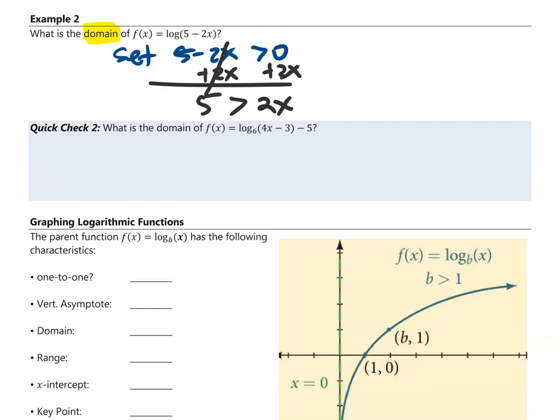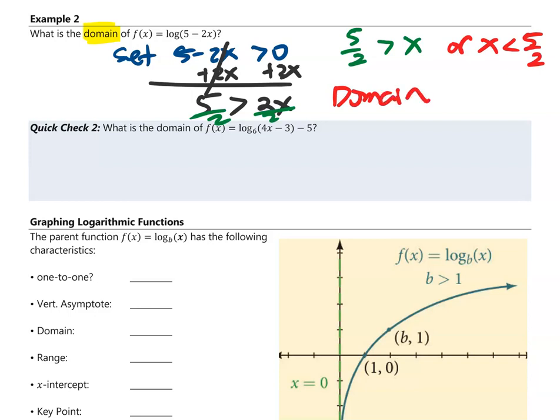And divide both sides by 2. So we have 5 halves is greater than x, or you can say that x is less than 5 halves. So the domain is from negative infinity to 5 halves.